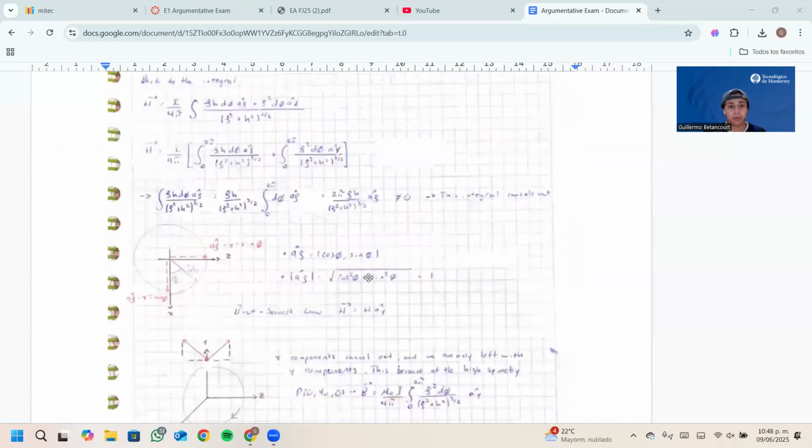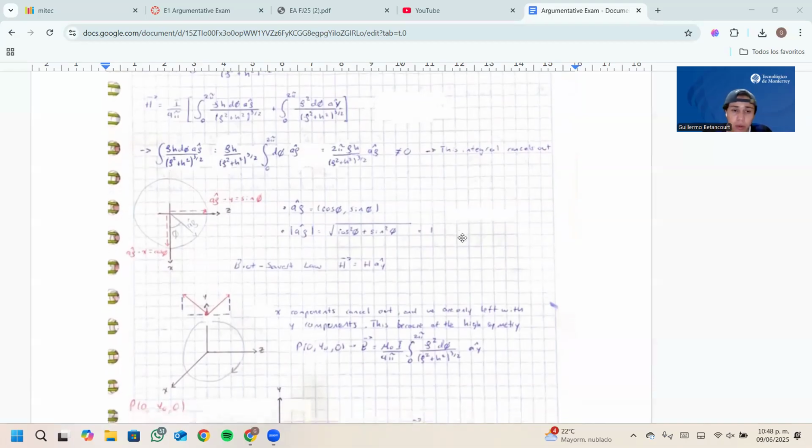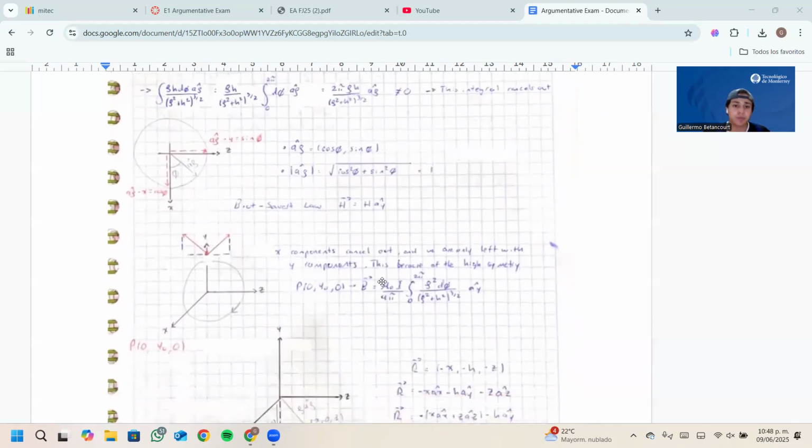Now, only for proof of this, we get the absolute value of this direction of rho, and we know that this is one, so we confirm that our integral cancels out. The Biot-Savart law, I repeat, we only have components in y.